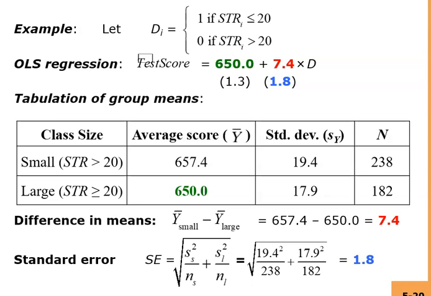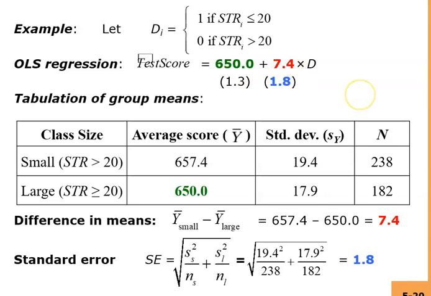Alright, so just like I said before, our D, the dummy variable, is equal to 1 if student-teacher ratio is less than or equal to 20, and it is equal to 0 if student-teacher ratio is greater than 20. So the numbers that we get for this analysis are that beta naught hat comes out to be 650, and beta 1 hat comes out to be 7.4.